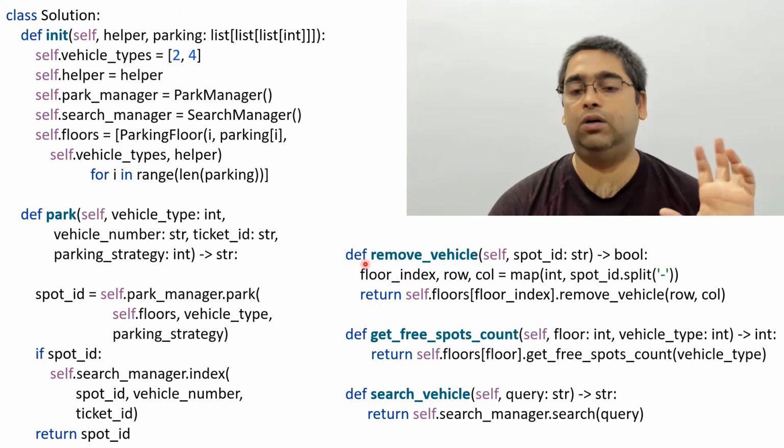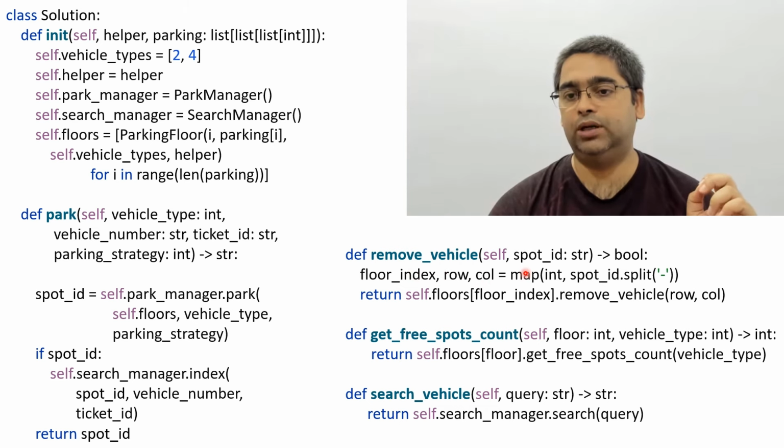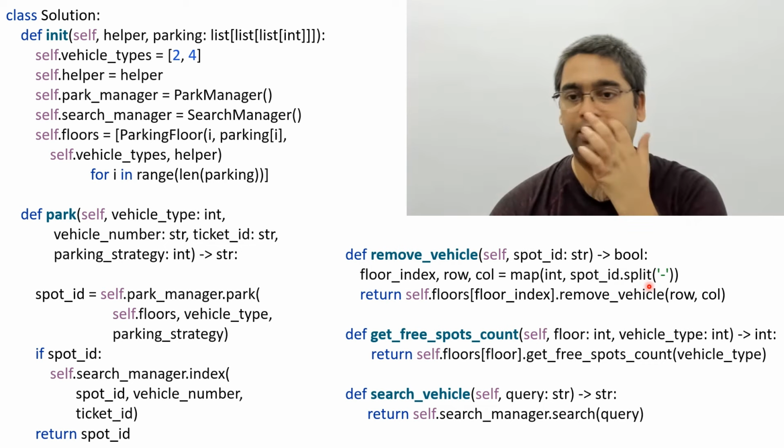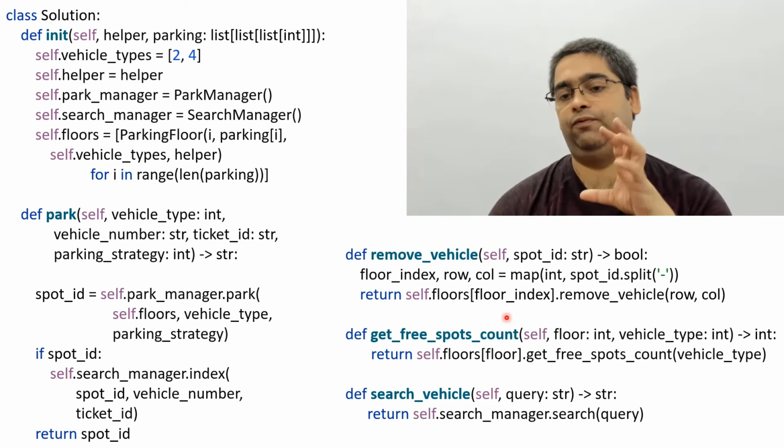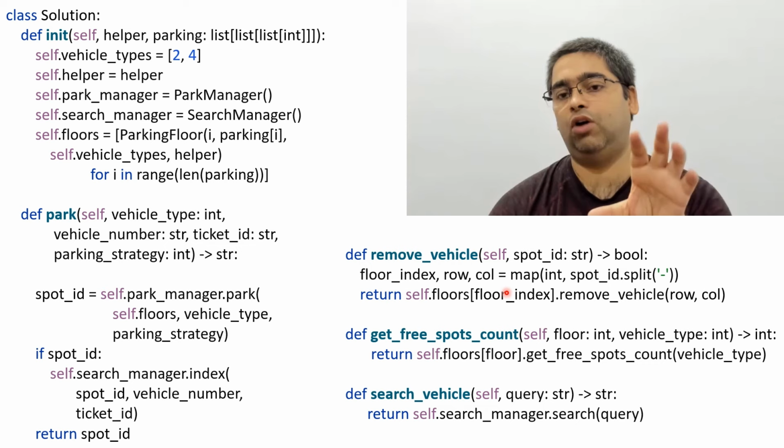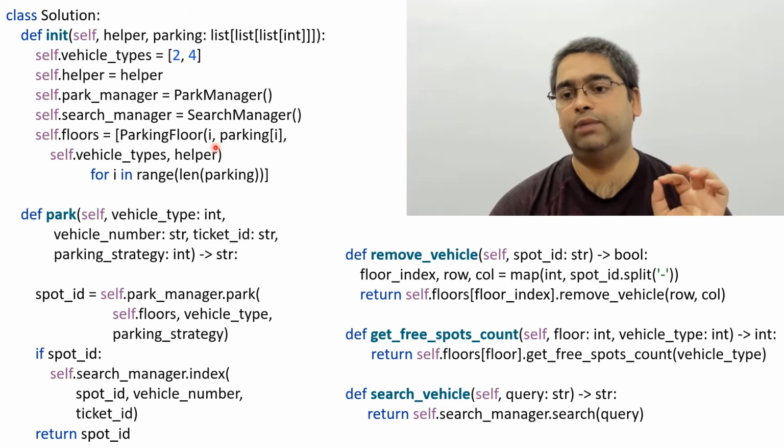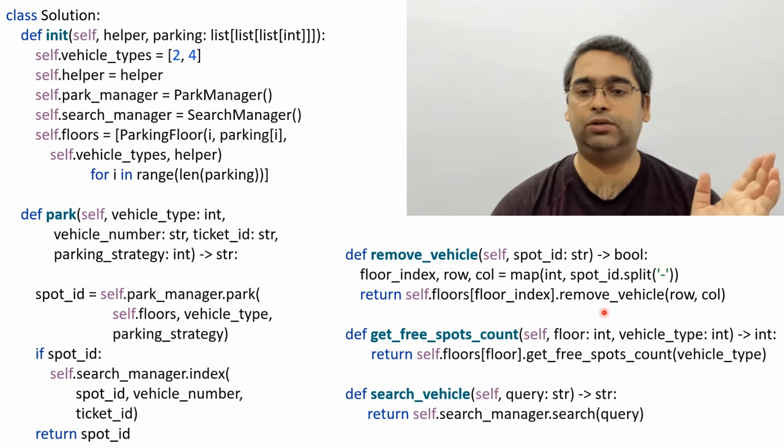When it wants to remove a vehicle, it extracts the floor, row and column from the spot ID, which simply converts it to int and splits by hyphen. And for the parking object on that floor, it simply calls remove vehicle. That's all it does.